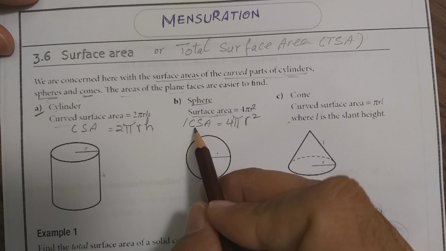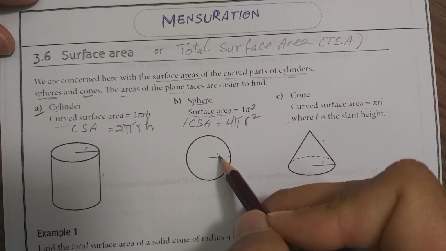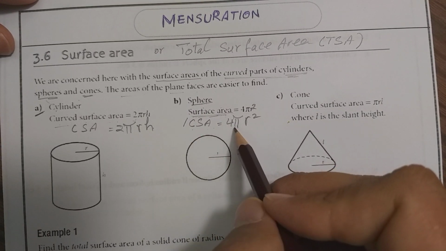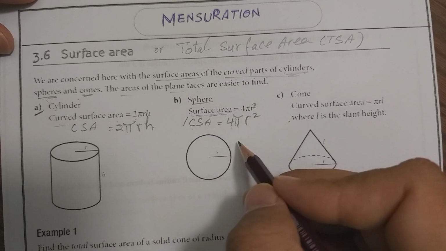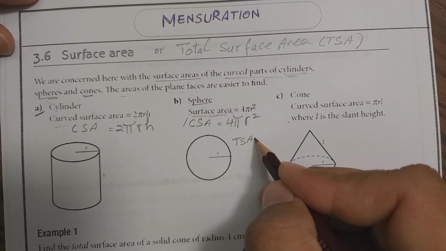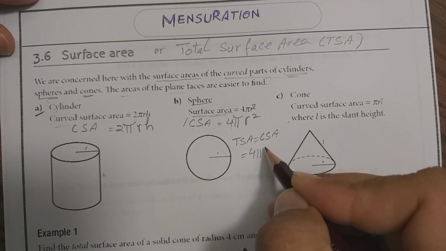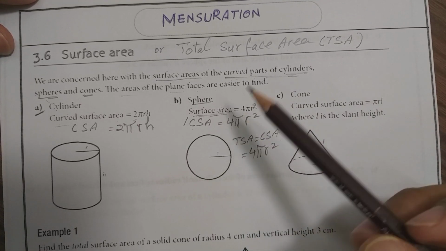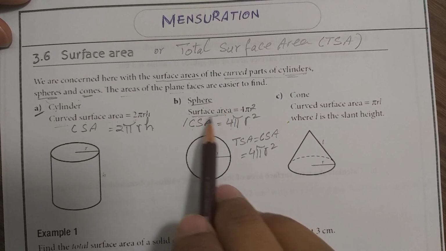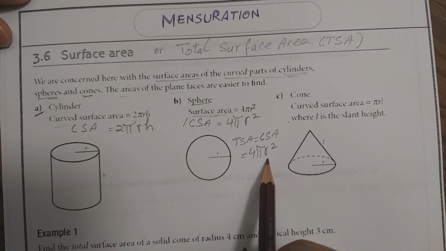It means in a sphere we have surface area or curved surface area, 4 pi r square. So total surface area or just surface area equals curved surface area, which equals 4 pi r square. We have only one formula for the total surface area or curved surface area in the sphere, which is 4 pi r square.